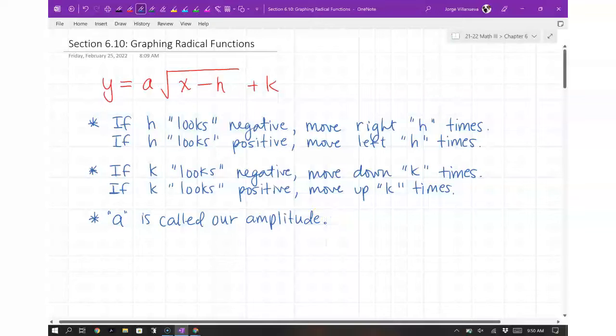Okay, in other words, it makes the graph either larger. So instead of it just kind of looking like a normal little graph like this, it might make it go like that. Or sometimes even smaller, like that. That's your amplitude. That's what it does, okay? So the number in the front is our amplitude.